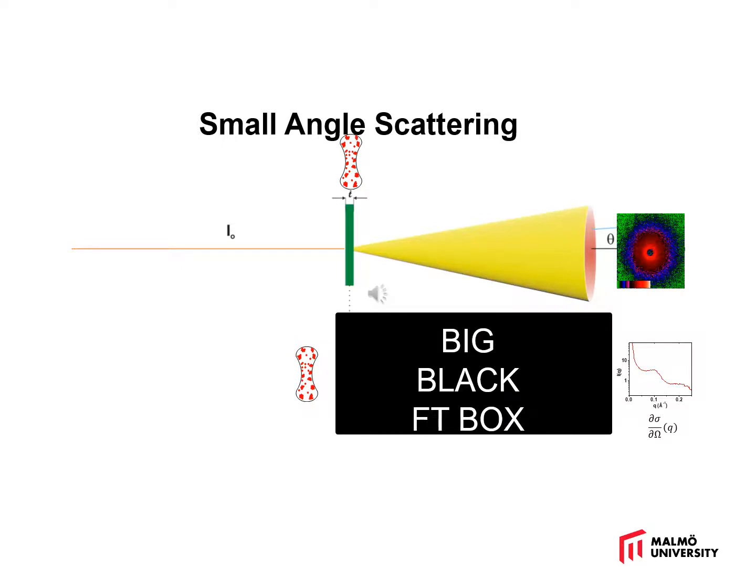So if we consider the generic scattering experiment with a beam incident on the sample, which has some structure, and the beam is scattered and some pattern is collected on a 2D detector. The transformation, the big black box between the sample structure and the scattering curve, or the scattering cross-section that we measure.